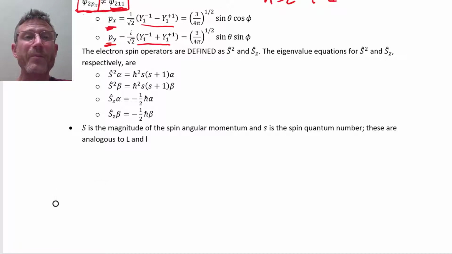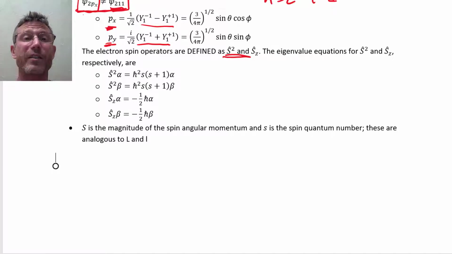But we have spin operators now defined as S hat squared and Sz hat, and these come about because of their analogy. They are analogous to L squared and Lz. That's really the connection there.